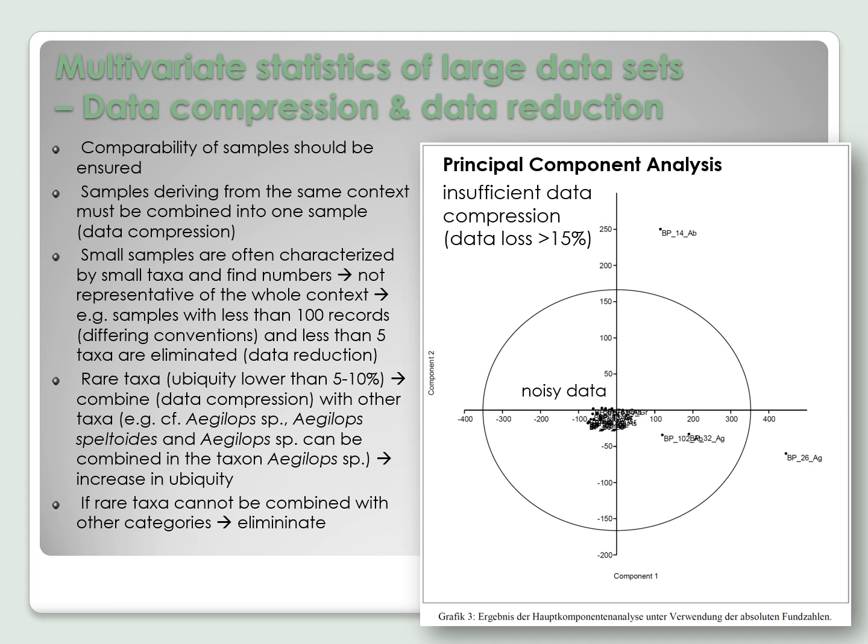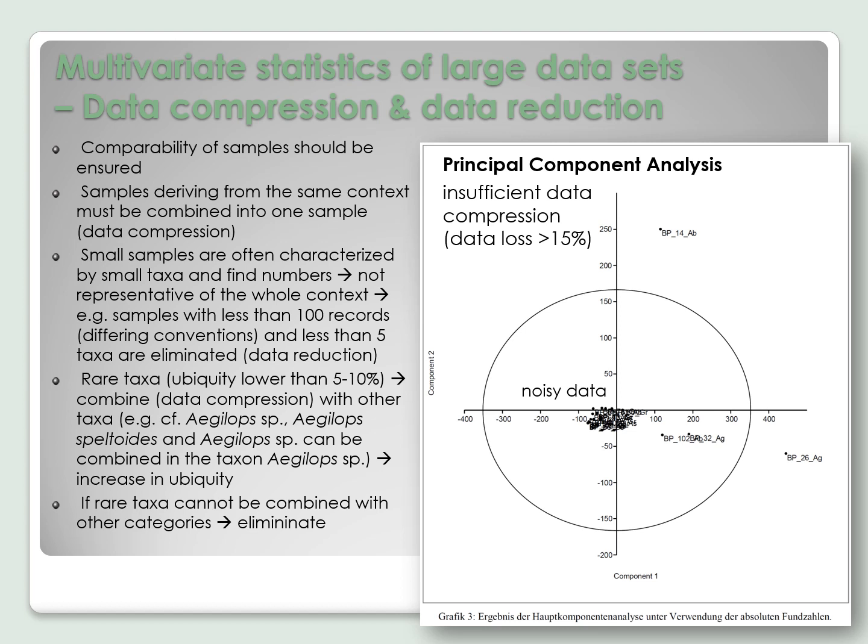In case two or more samples are from the same unit, the record numbers of each taxon have to be added up into one sample. Through this process, the total number of records and taxa is increased, which leads to overall fewer but larger samples.